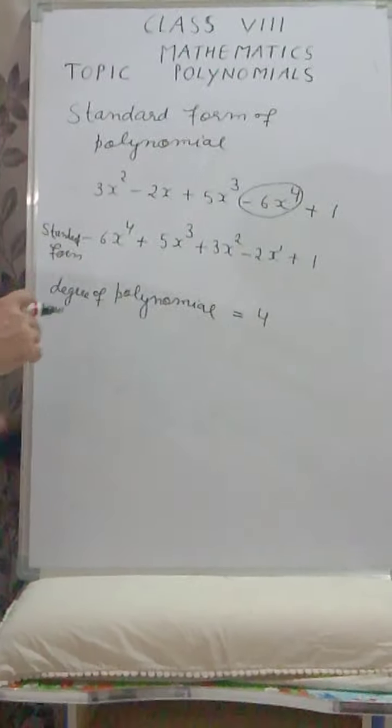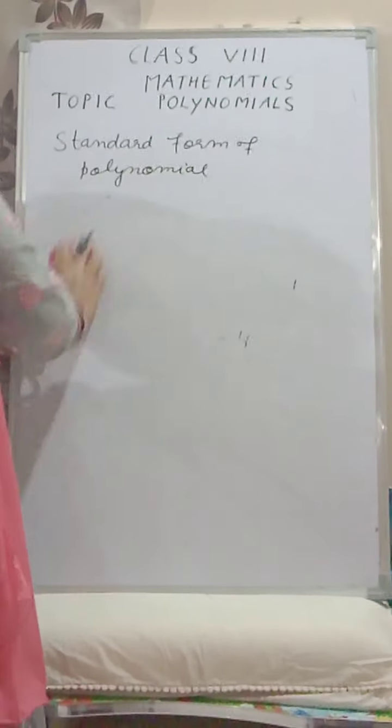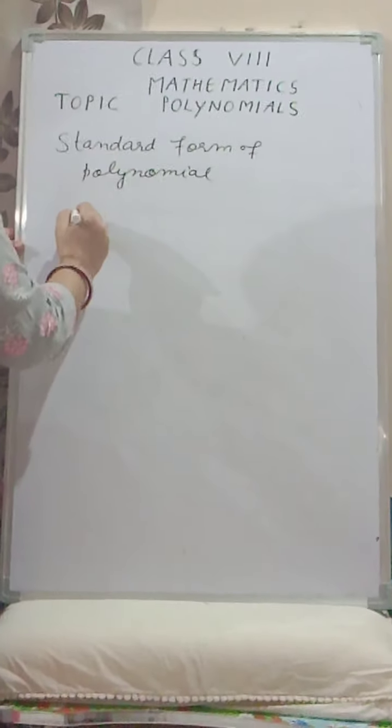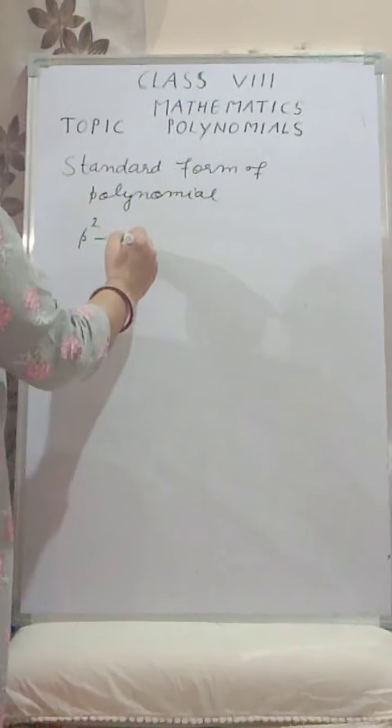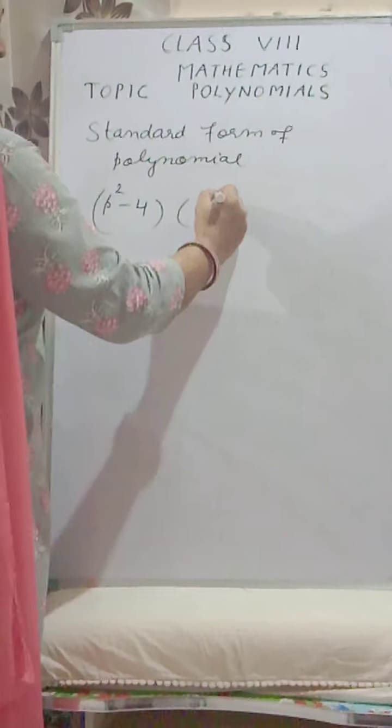Suppose you have to write (p raised to power 2 minus 4)(p raised to power 2 minus 3).